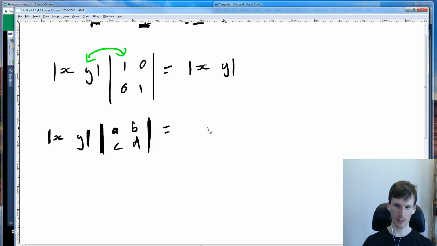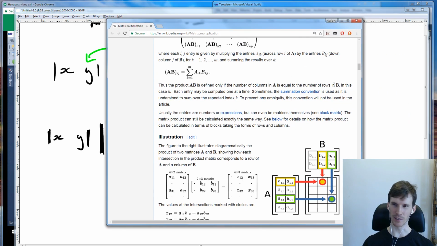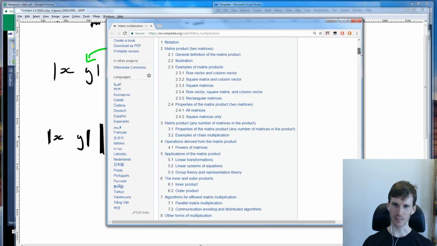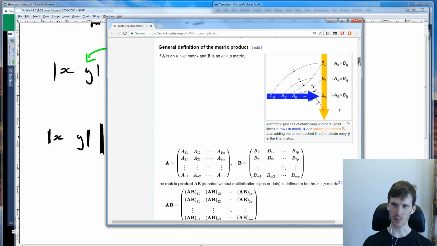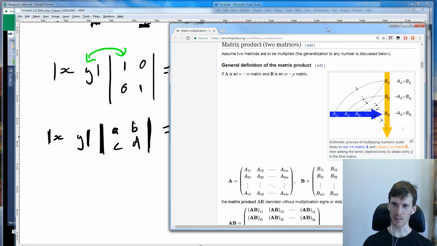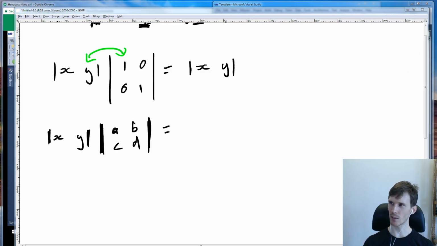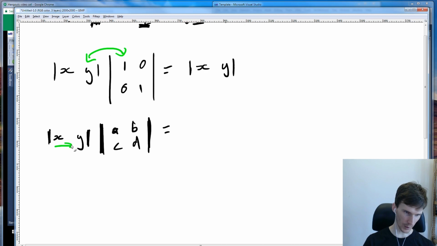So the way this works is we have a 2 by, let's have a look at, so here's the Wikipedia article on matrix multiplication, because even I don't remember how all this works, but basically the way that it goes is you take the first matrix, which in this case is a vector, and you go across, and you take the second matrix and you go down.